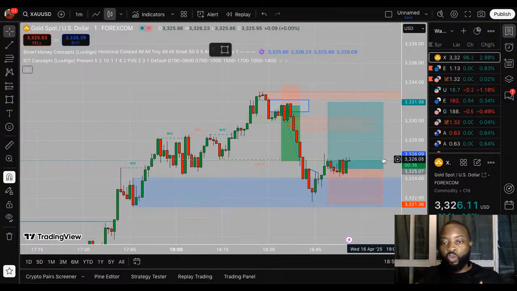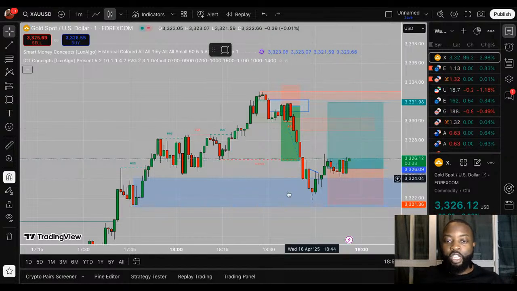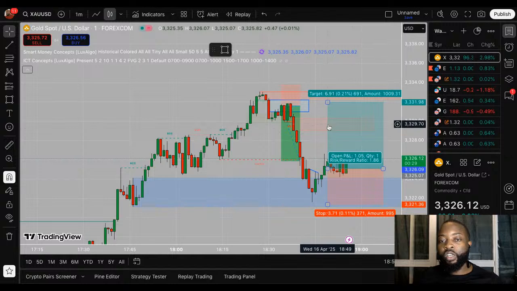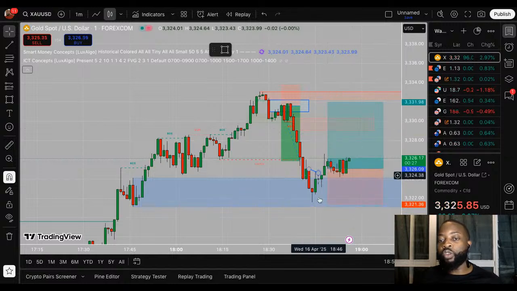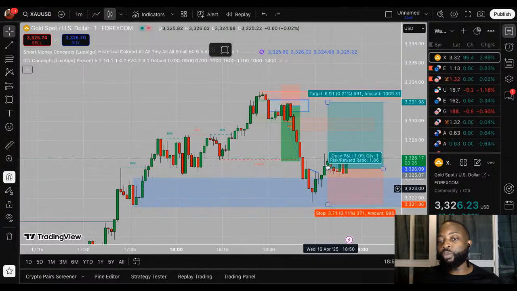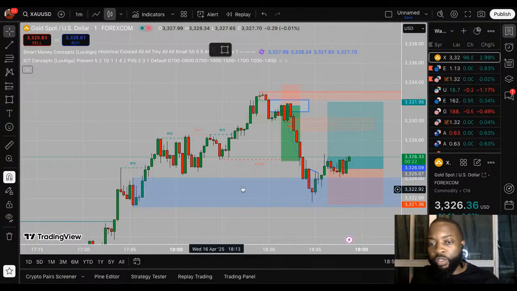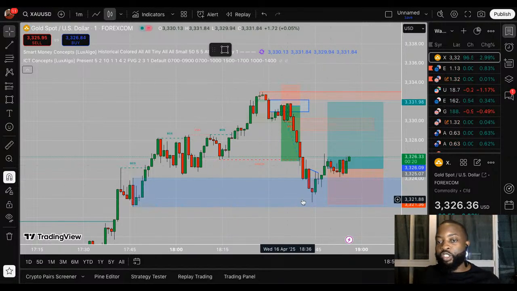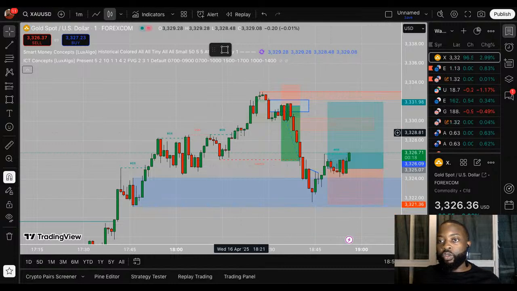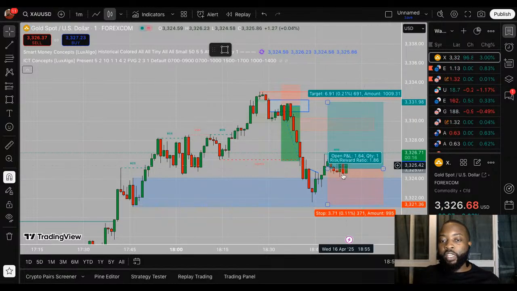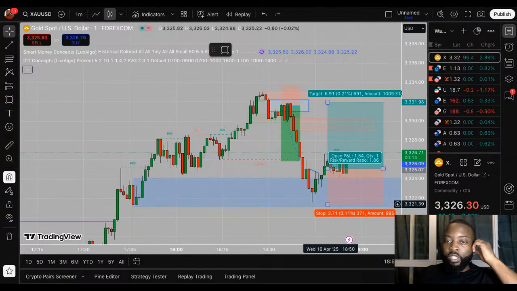If you have two targets, you need to target this area first. Once the market reaches this area, you can close some of your trade and move maybe the stop loss to your entry. We're going to observe this trade and see how it goes. This is where we buy in this area here. Our stop loss is here.